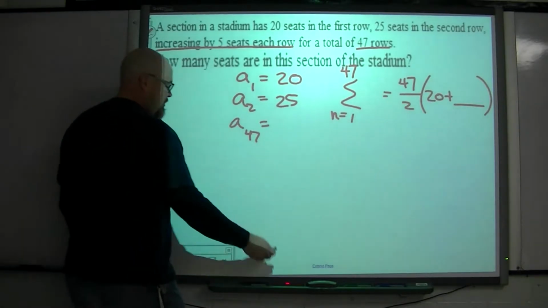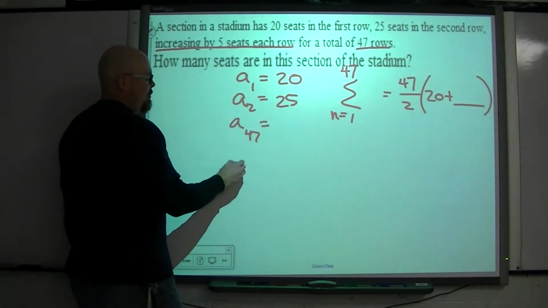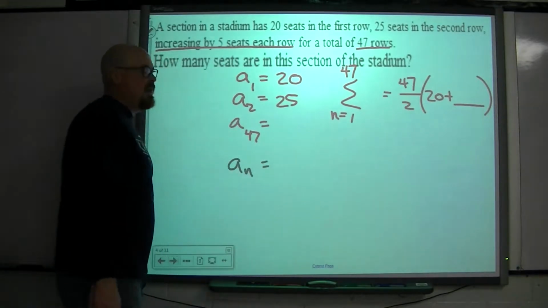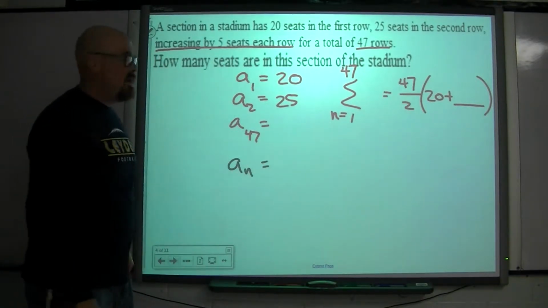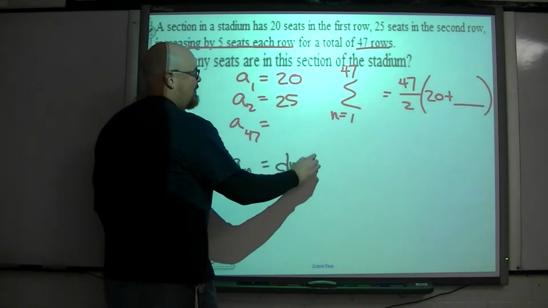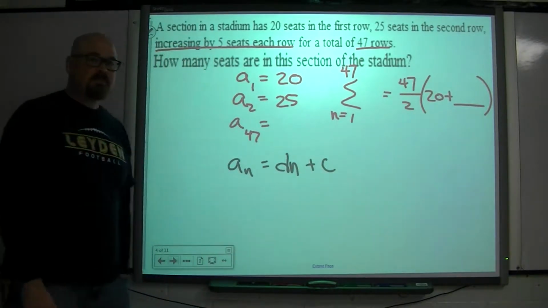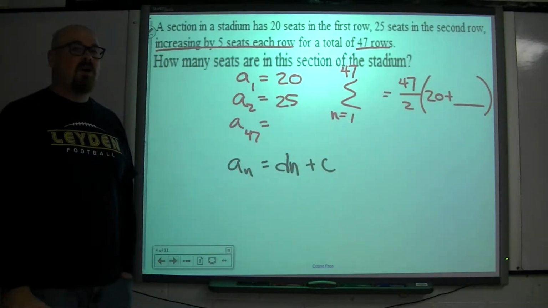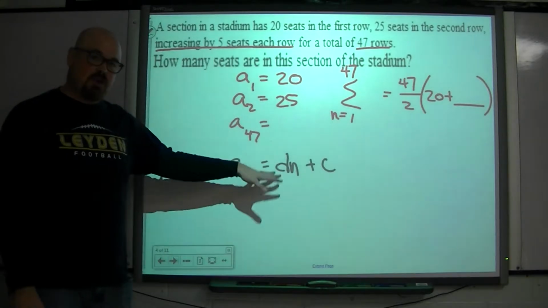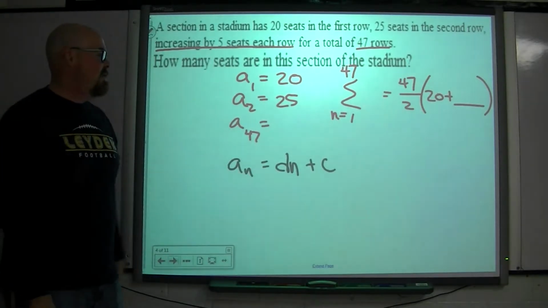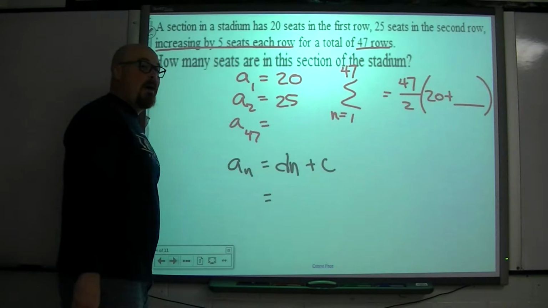You should know at this point that when we're finding an arithmetic rule, we have dn plus c to get the overall value of each term by plugging in n. D is the common difference.